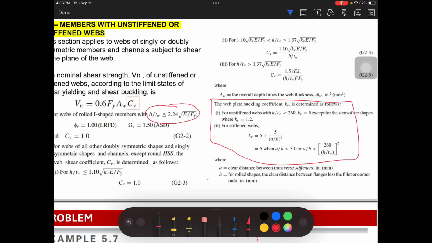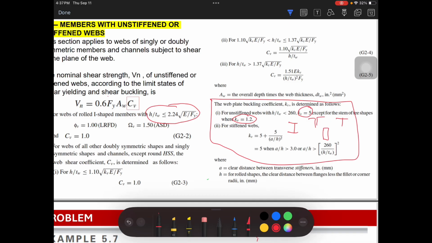So, kapag stem ka, ay pag is unstiffened, like yung T, at yung double angle. Ito yung mga probable Kv mo. And then, pag stiffened ang webs, that is for I shape, hindi pwede ang HSS dyan. Kasi yung HSS nasa G6.